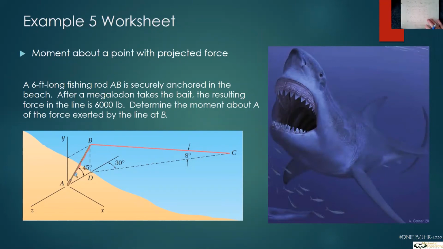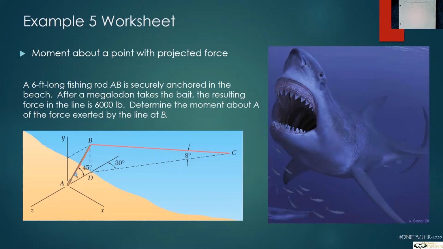We have our 6-foot fishing pole AB secured into the beach, and we decide we're going to try to catch a megalodon, and never mind, it's been extinct, but that's okay. And so it takes the bait, and we have a force of 6,000 pounds on the line, and you can assume that that's going from B to C. So our tension goes BC. So that's important. So we want to determine the moment about the point A by that tension, BC.